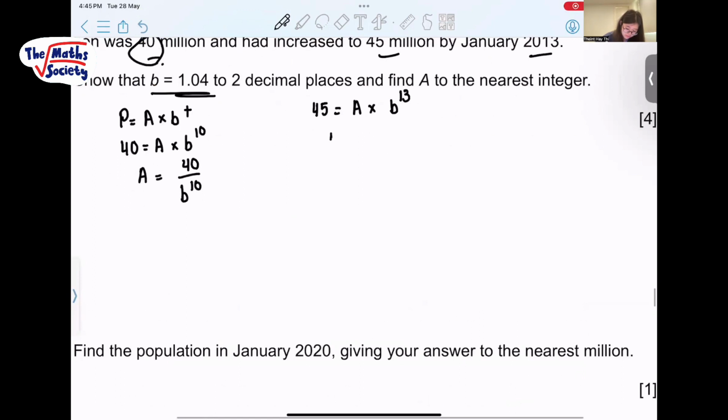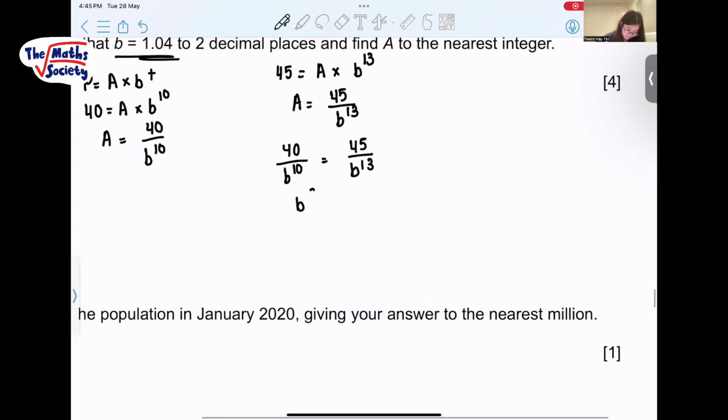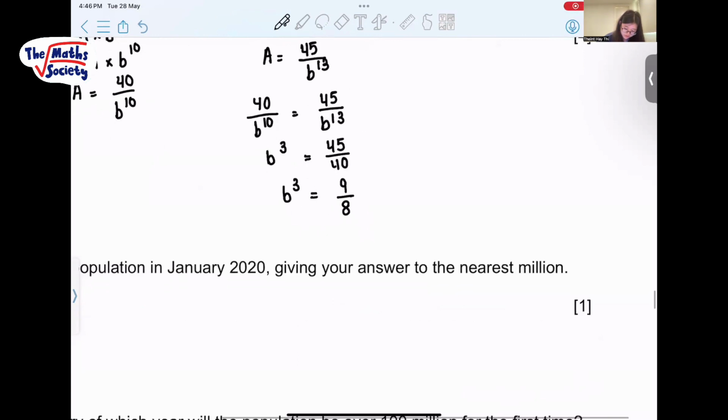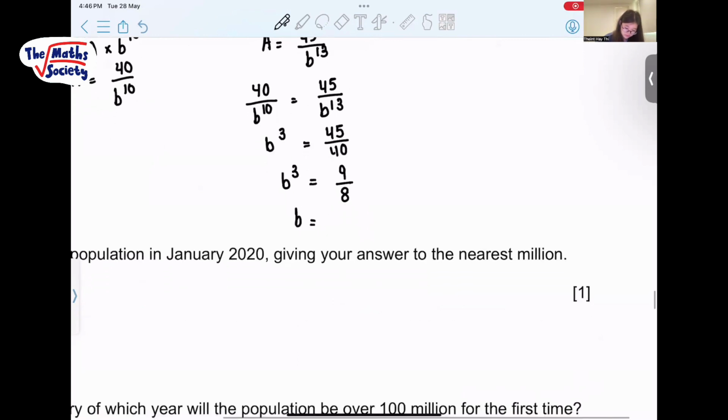You have A equals 45 divided by B power 13, and you equate them. Then B cubed equals 45 by 40, because if it's a division, you can subtract the powers. So B cubed is going to equal 9 by 8 if you simplify them.